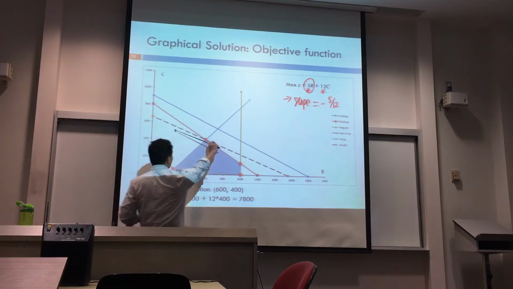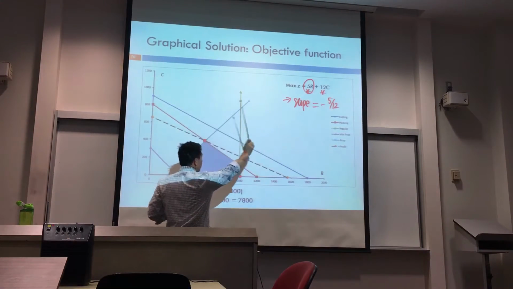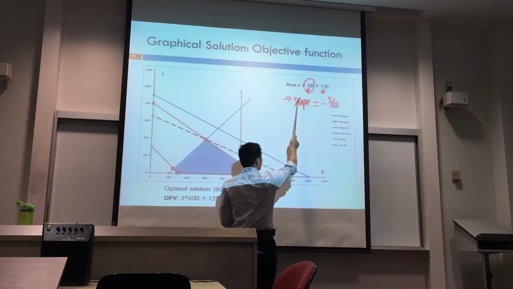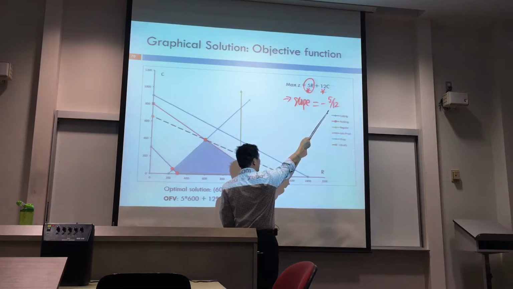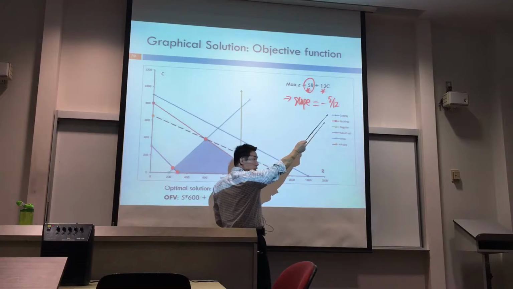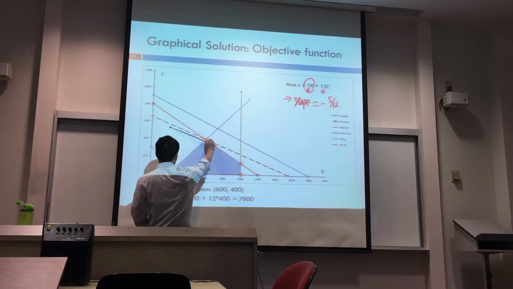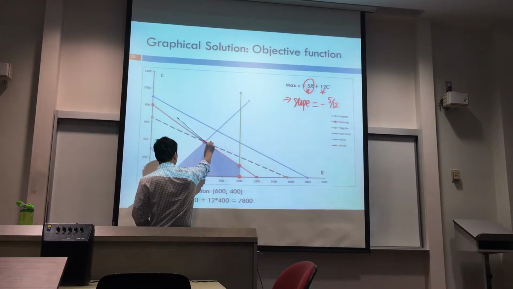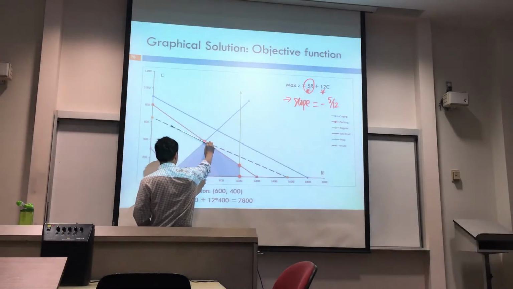So it's this. If you make it 6, then the slope is going to be minus 6/12, right? So this is 5/12. When you have 6/12, it's basically going to be steeper, going to that direction, okay?